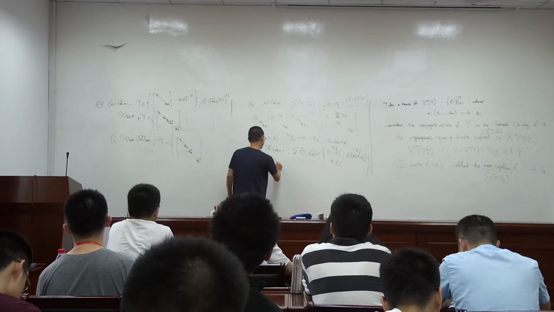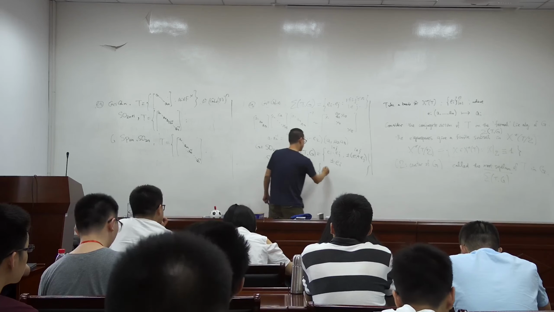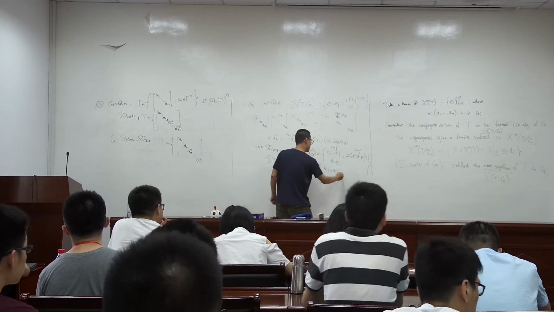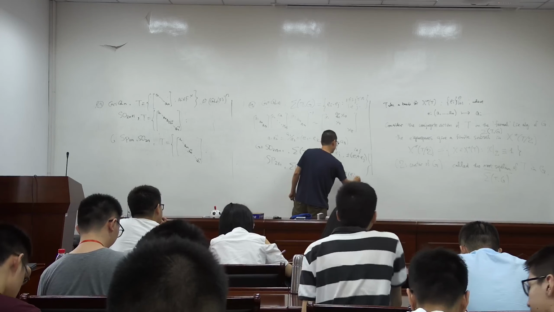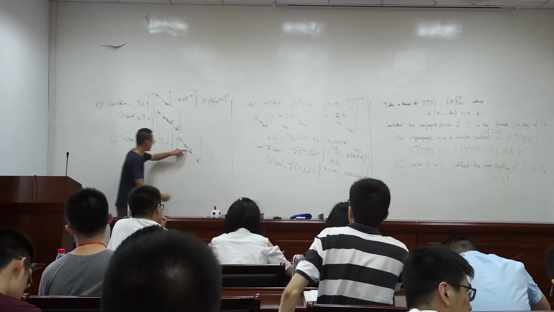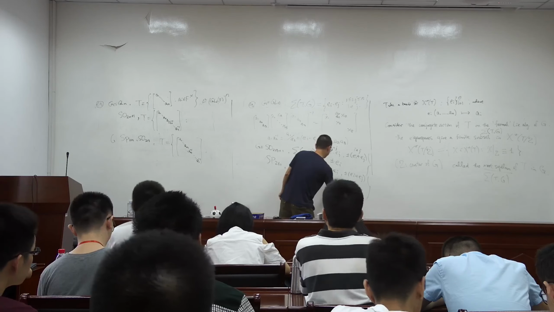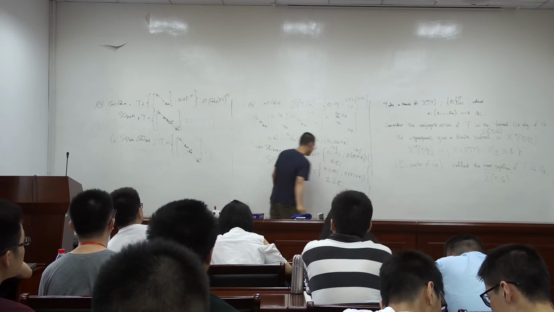For the symplectic group, we also have EI minus EJ, EI plus EJ, but because we don't have 1 in the middle, you can check we have 2 EI.